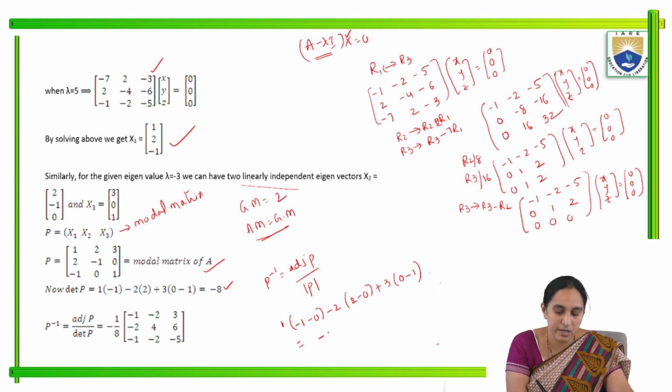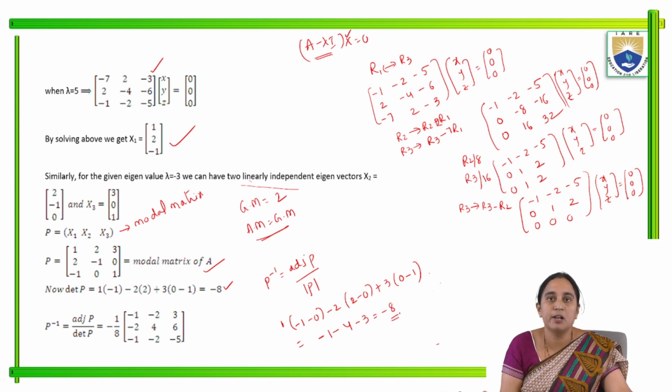From that, this is minus 1 minus 4 minus 3, so the determinant of P is minus 8. Therefore, P inverse is equal to what?